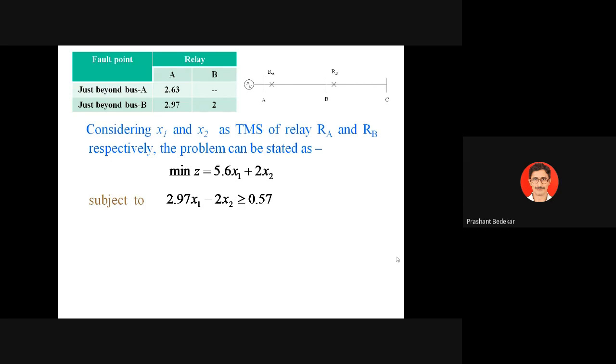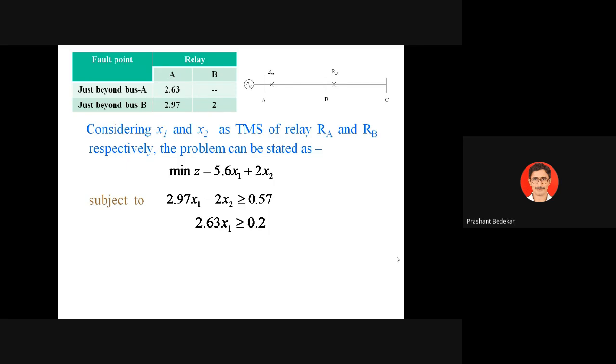Let me make it clear. The practical value is smaller than 0.57, but I have taken some random values. I wanted to show how the problem can be formulated and how it can be solved. That's all. So 0.57. Now, the relay operating time constraint: 2.63 X1 should be greater than or equal to 0.2.